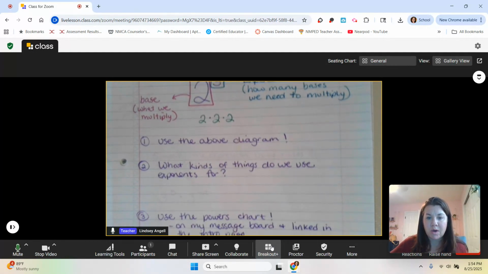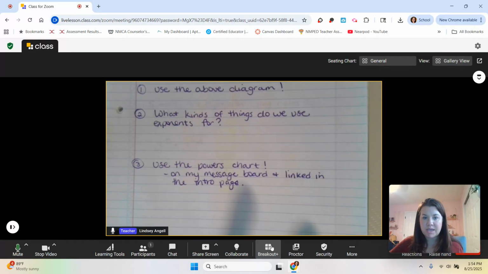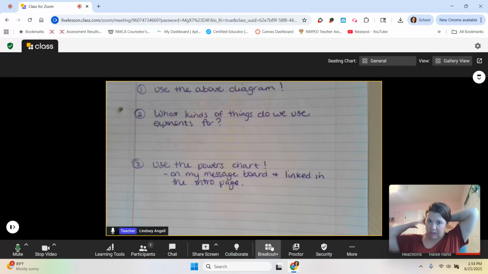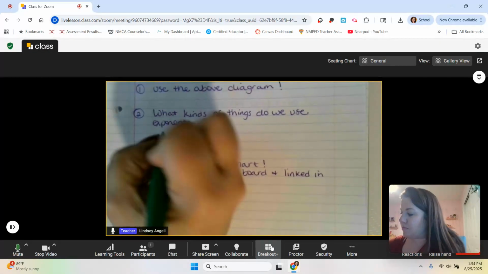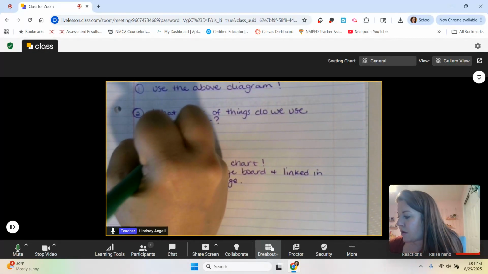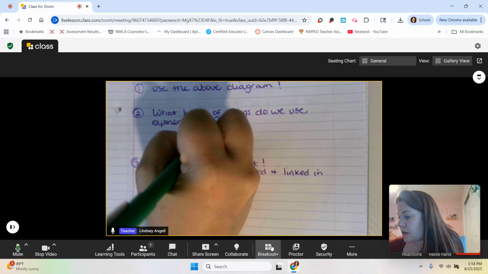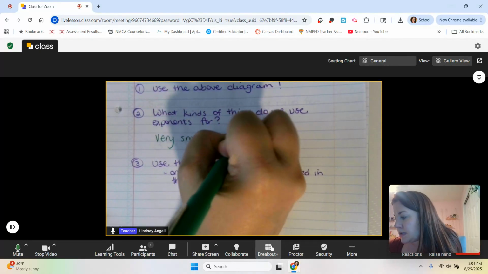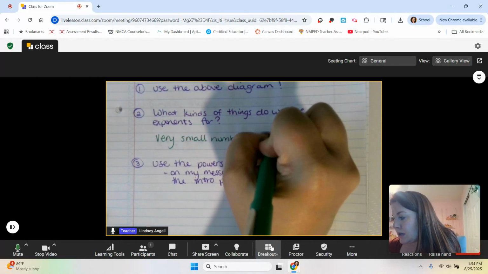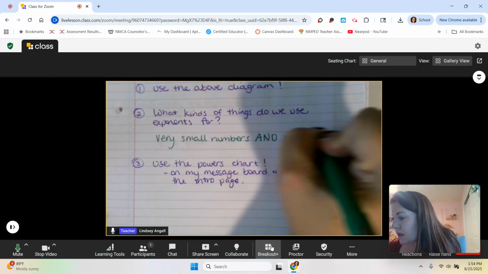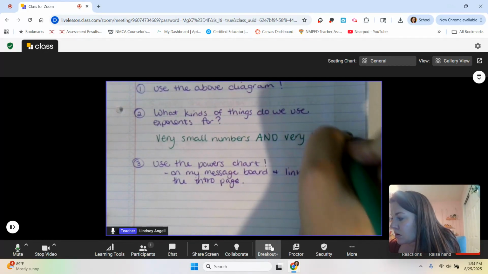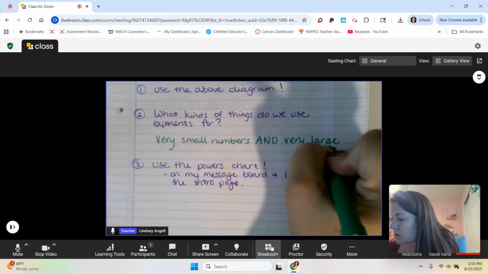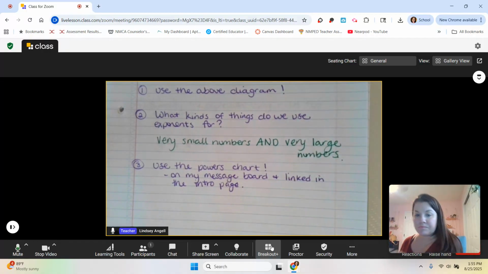Number 2, what kinds of things do we use exponents for? If you remember from live lesson especially, we use them for very small numbers and very large numbers, okay?